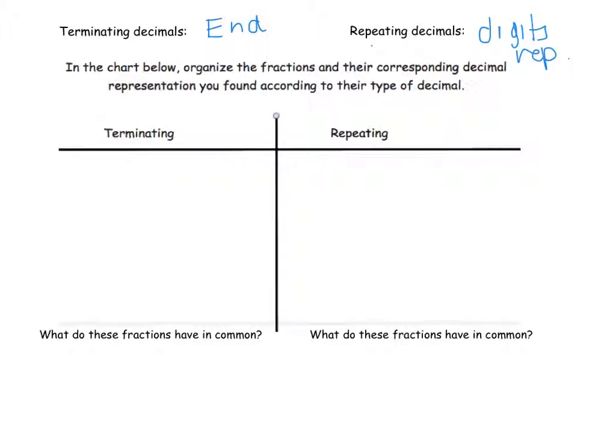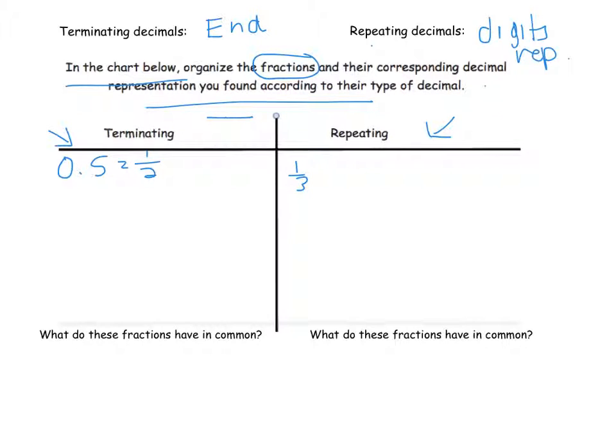So now I want you to take a second, and in the chart below, the numbers or the fractions that you came up with, I want you to categorize them: terminating, repeating. So the terminating ones, like 0.5, which again was 1/2, would go over here, or the 1/3 is going to go over here, like this. So please take a second, and I'll write mine in, but you write yours while I pause this.